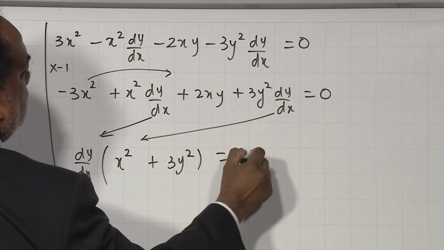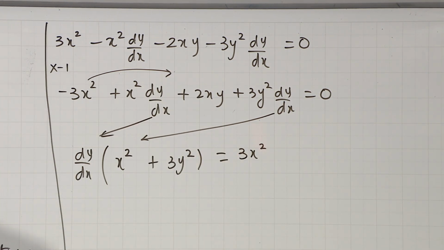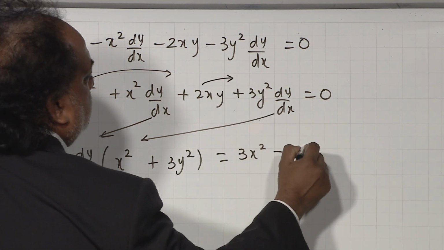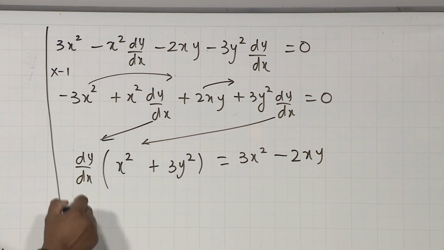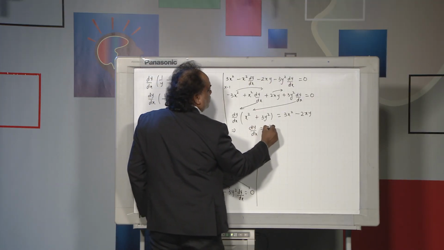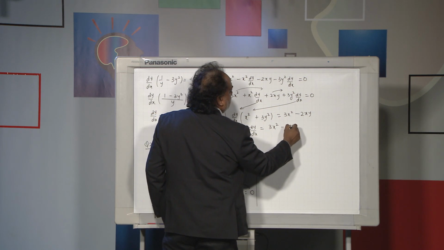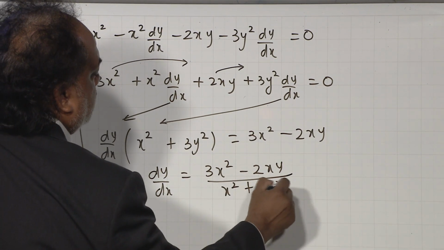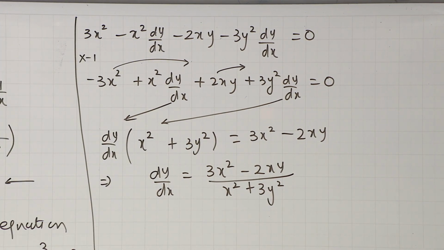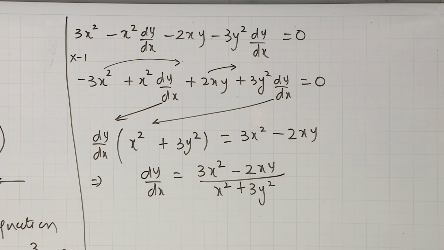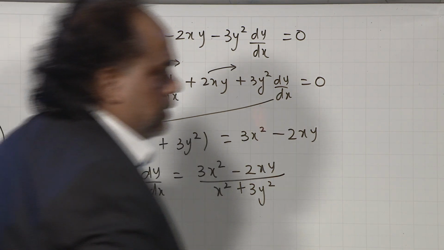We transfer minus 3x squared on the right-hand side. We transfer this term. Therefore, dy by dx becomes 3x squared minus 2xy over x squared plus 3y squared. That's dy by dx. We were asked to find dy by dx.